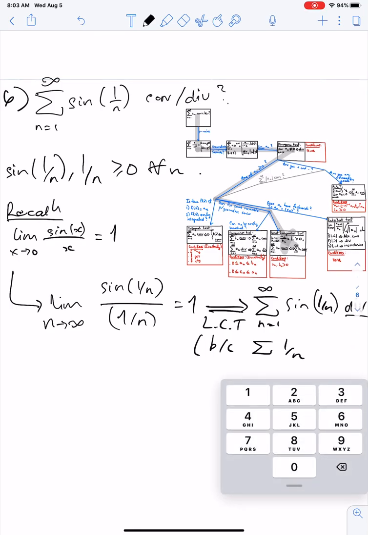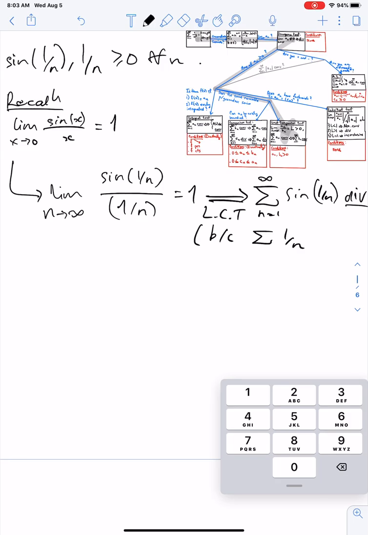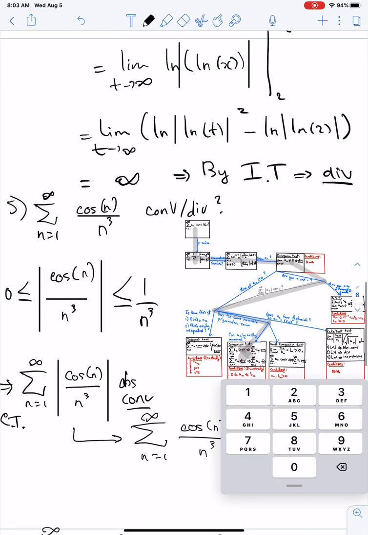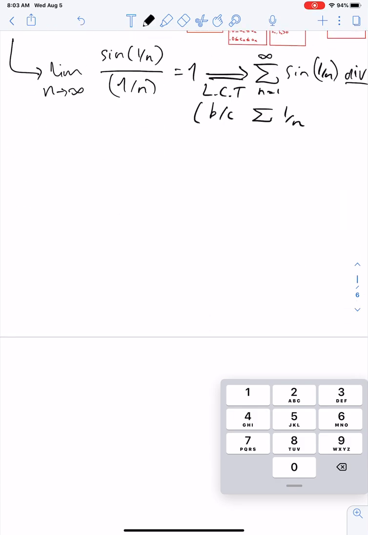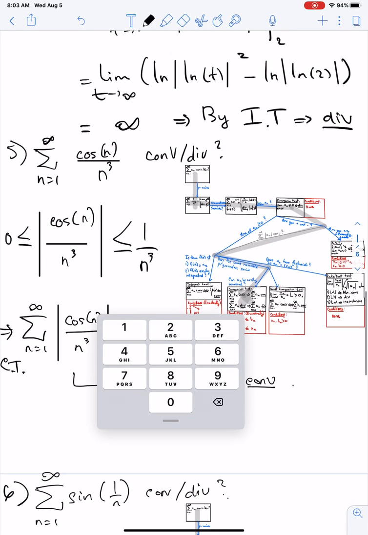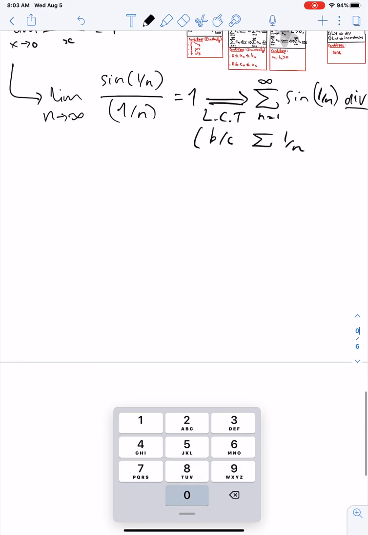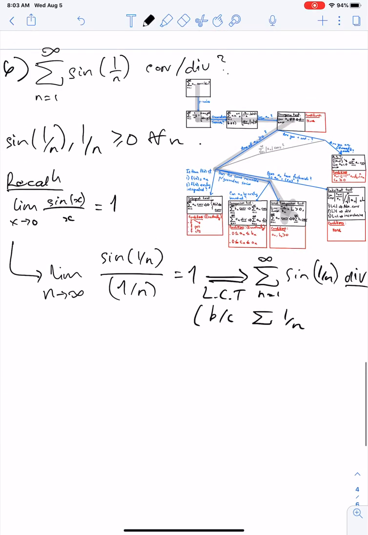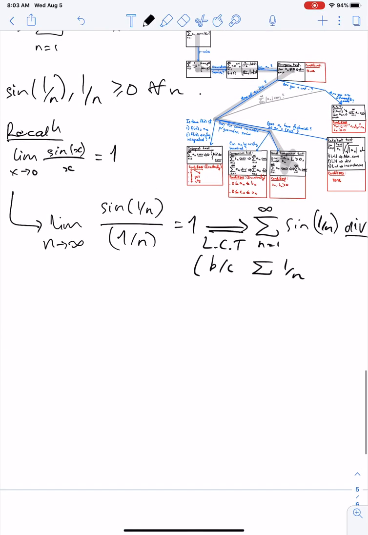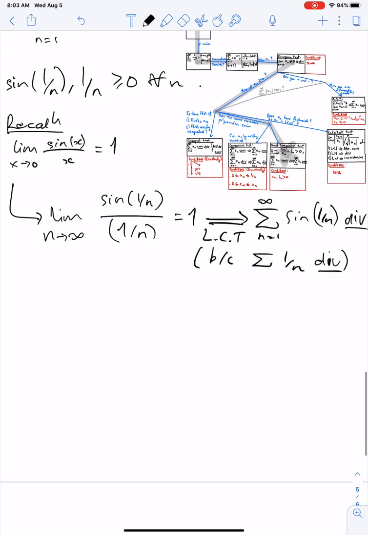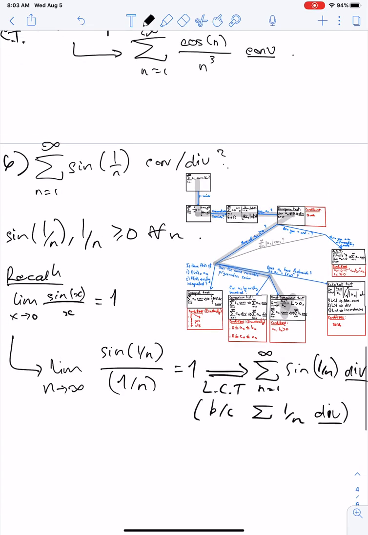Remember, divergent. Because the infinite series 1 over n is divergent, right? Harmonic series, kind of this core example. So this is true by the limit comparison test. Very nice.